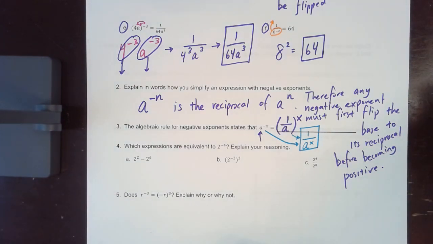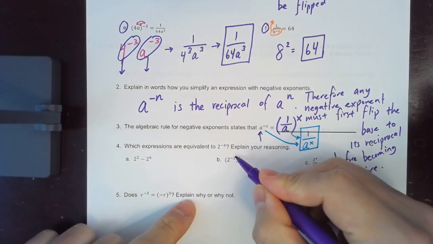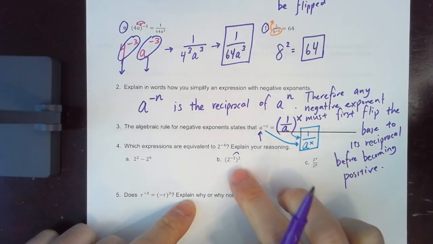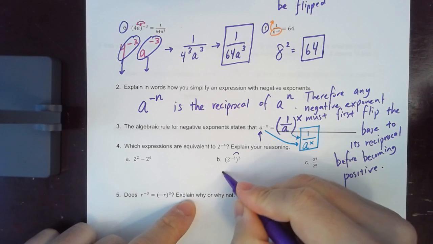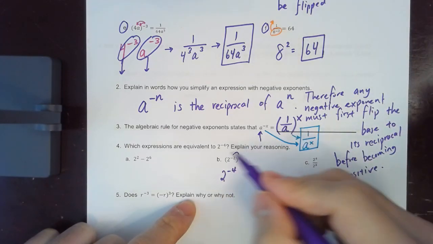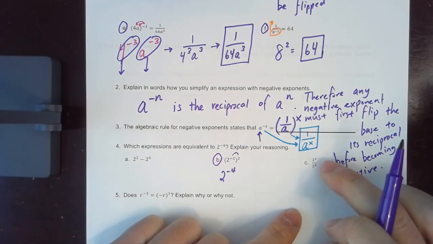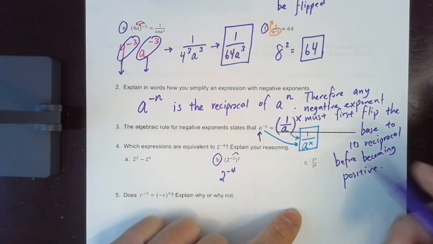This 2 to the negative 2 squared, well, we learned in the previous lesson, product of powers, you're supposed to multiply these powers. So this is going to be 2 to the negative 4. And yeah, that's correct. That's B. But then again, 2 to the 4th divided by 2 to the 8th.